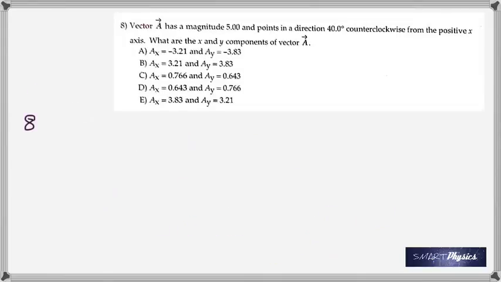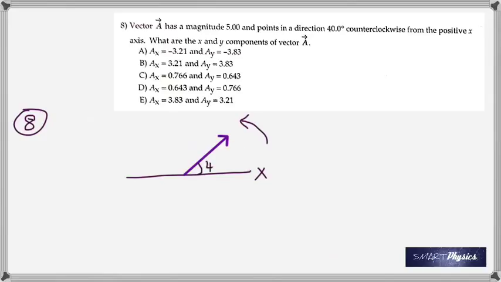Eighth one. Again, vector A has magnitude 5, points in a direction 40 degrees counterclockwise from the positive x-axis. What are the x and y components of vector A? All right, so that is the x-axis. That's going counterclockwise. So going counterclockwise by how many degrees? That's 40 degrees. So that is your vector.